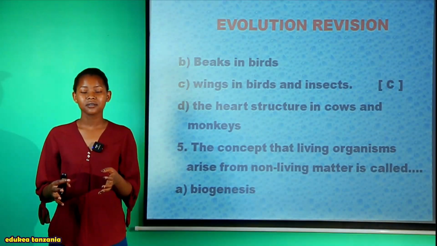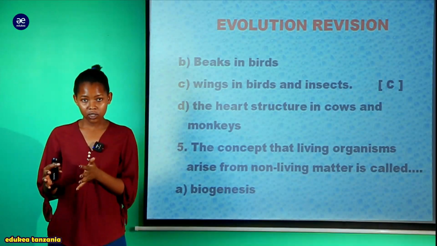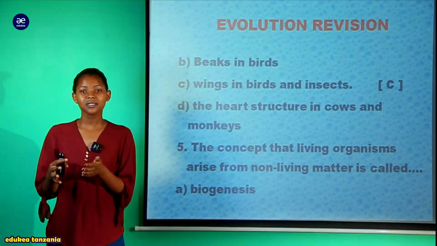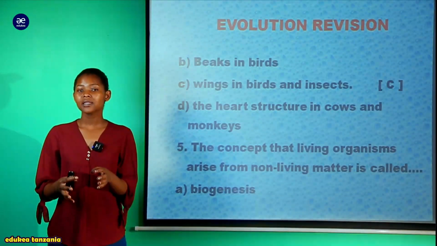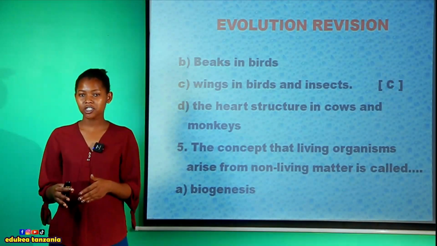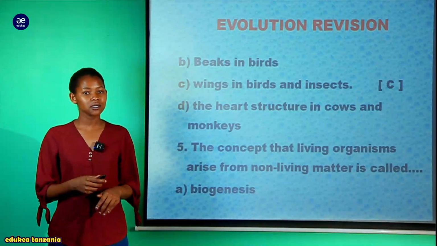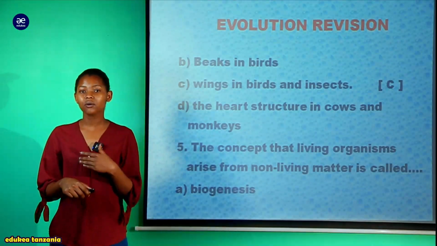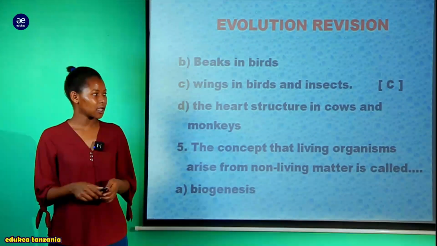But you can see the function is the same, but the embryonic origin of the housefly is quite different from the embryonic origin of the bird. And that is why we say they belong to analogous structure, not homologous structure. So according to our question, the correct answer is wings in birds and insects, which are not homologous structure.